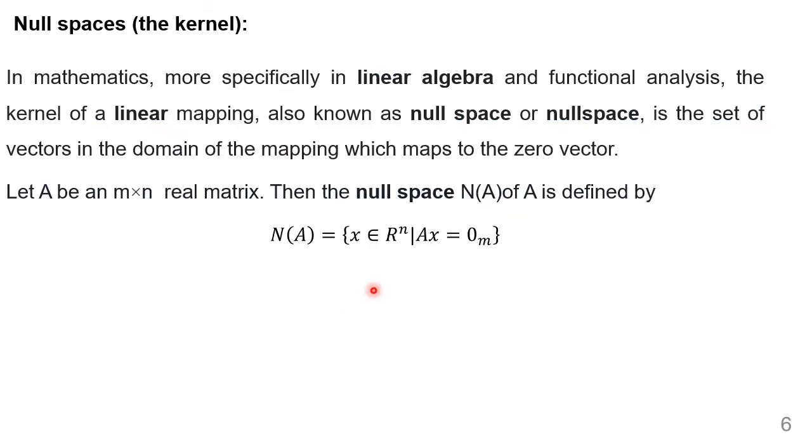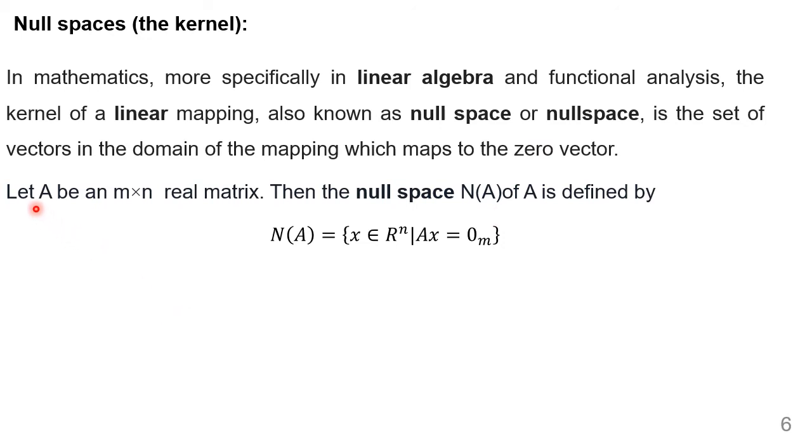In linear algebra, very often we make use of the word kernel. It is also known by the name null space, and the null space is a set of vectors in the domain of the mapping which map to the zero vector. Let us try to understand what is meant by null space.